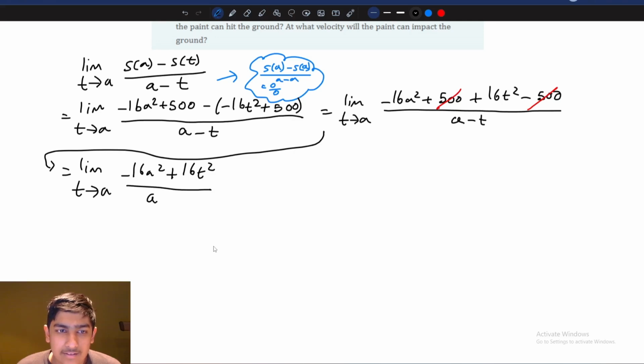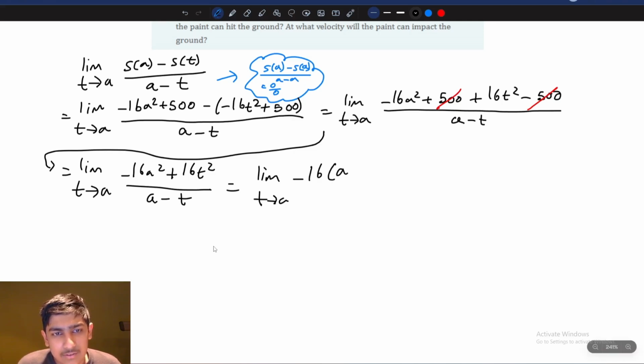over a minus t. Then I'm going to factor out the negative 16, so negative 16 times a squared minus t squared. Maybe you can see right away what will be happening here, but give me a moment.